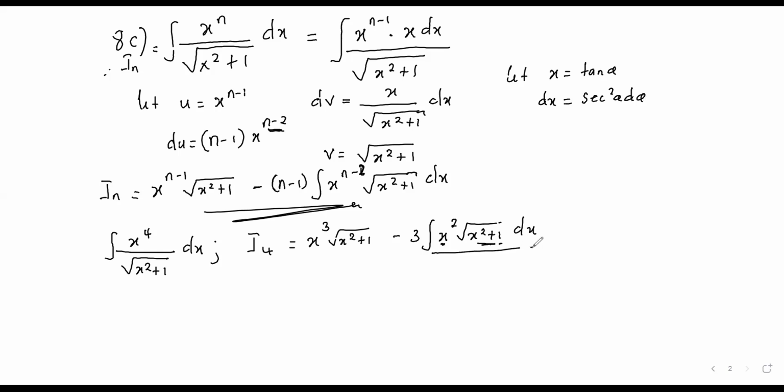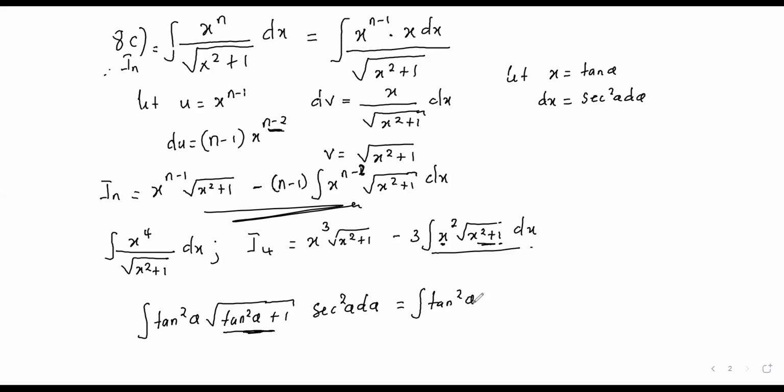That's the integral of, where there's x squared, we'll have tan squared theta, then the root of tan squared theta plus 1, and then dx, sec squared theta d theta. So the root is sec squared theta inside, which is just sec theta. So we have tan squared theta sec theta sec squared theta d theta.